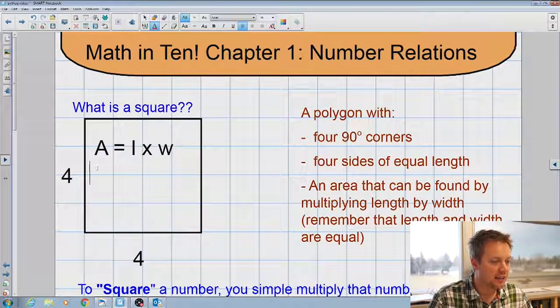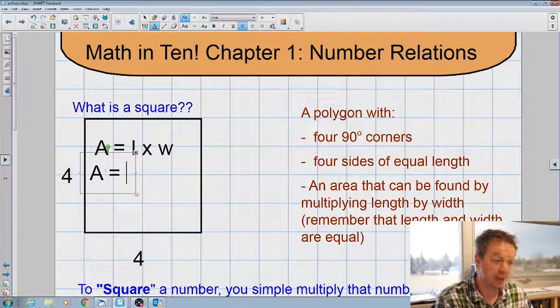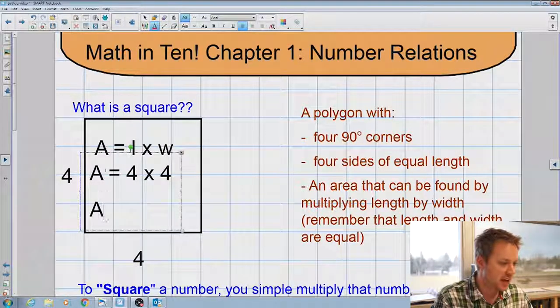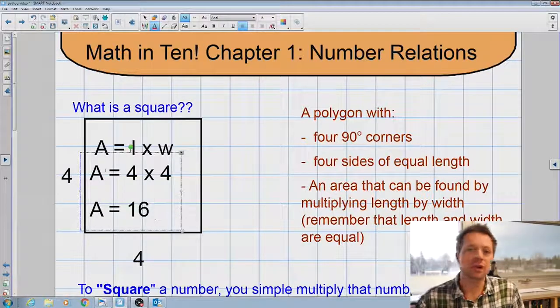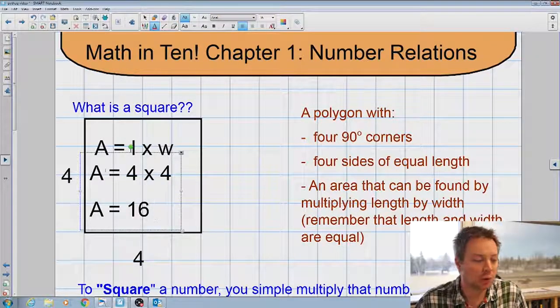And I can then say, well, my area is equal to, my length and my width are both 4, so 4 times 4, and my area is equal to 16. And that would be in meters squared or centimeters squared or whatever unit we're working with.